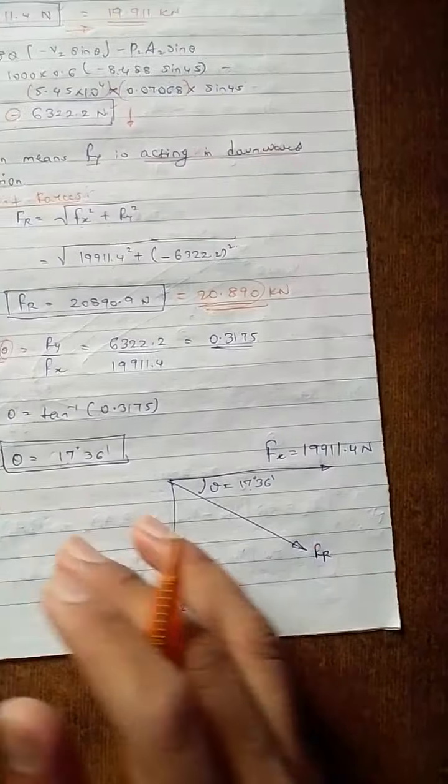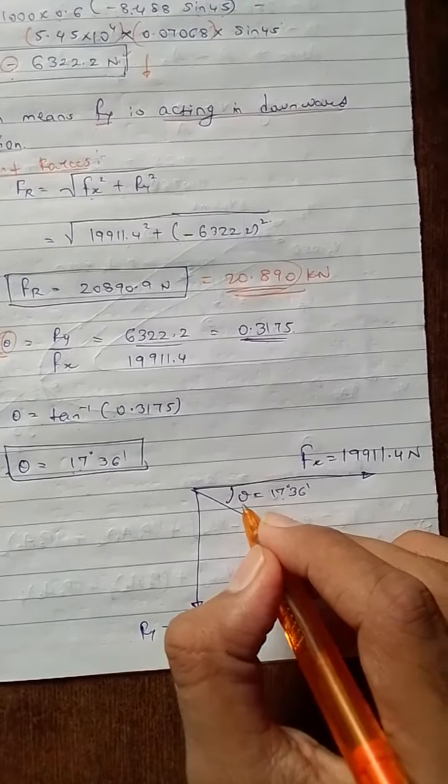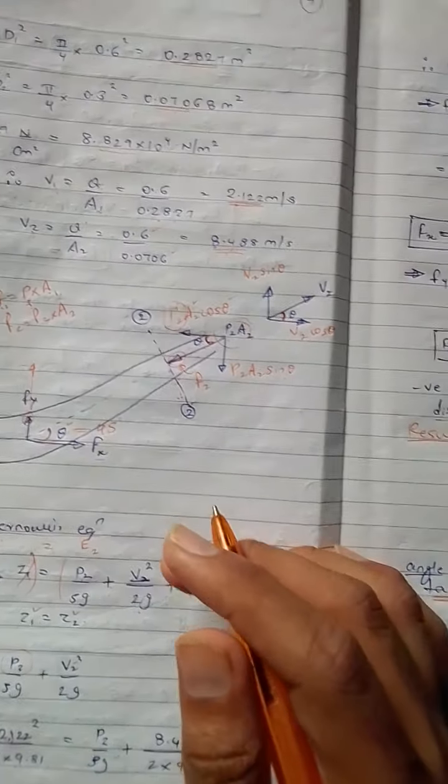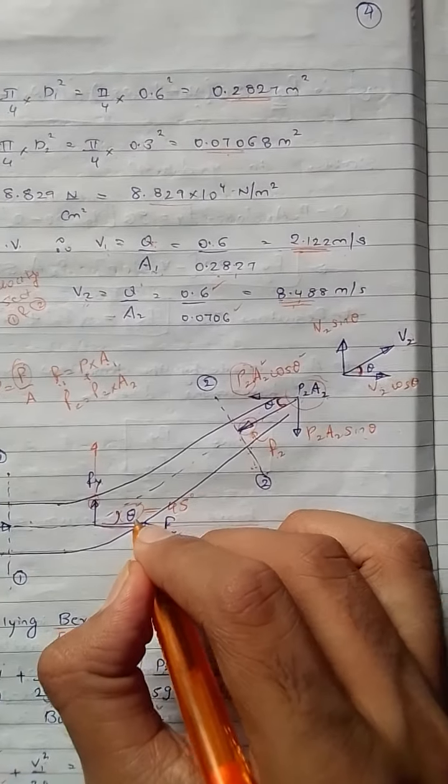Correct? Don't confuse this theta with this theta. There are two thetas. This theta is the given theta.